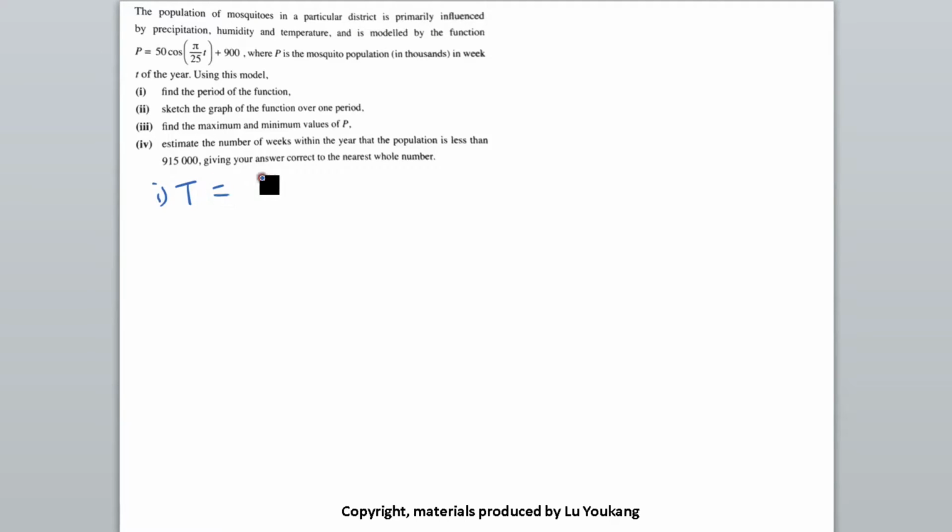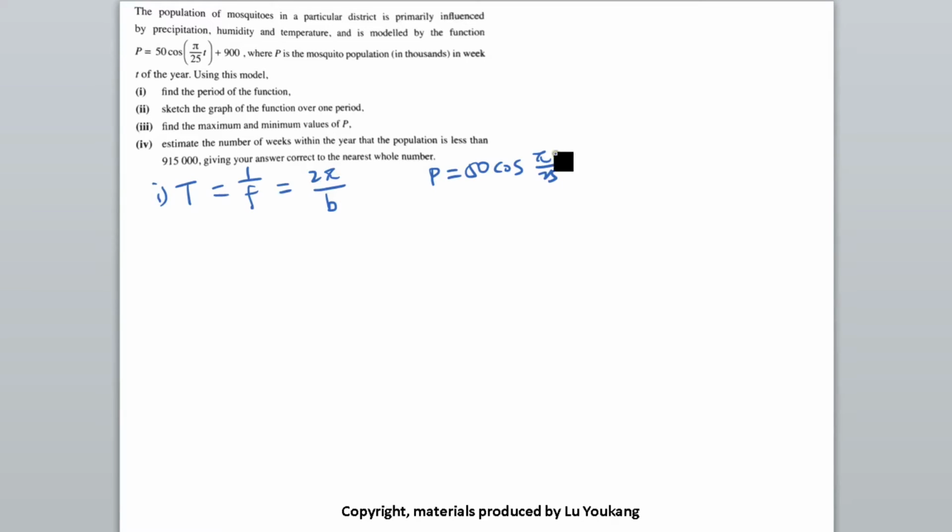So the period is equal to 1 over F or 2 pi over B. But in the first place, you need to know what B is in a given cosine function or sine function. So let me copy this cosine function down first.